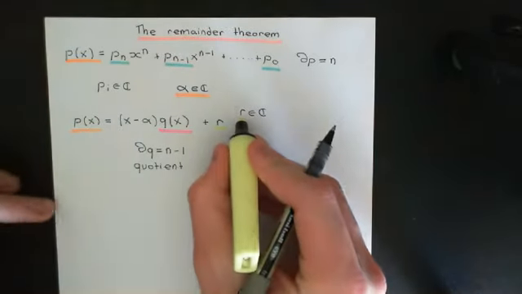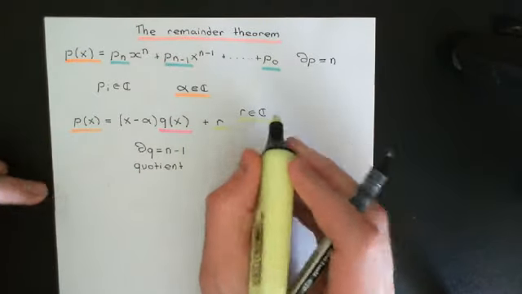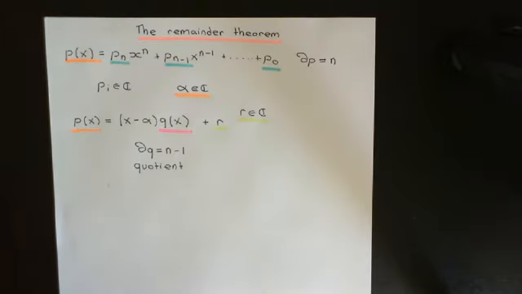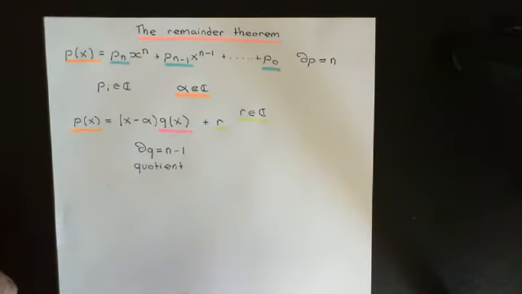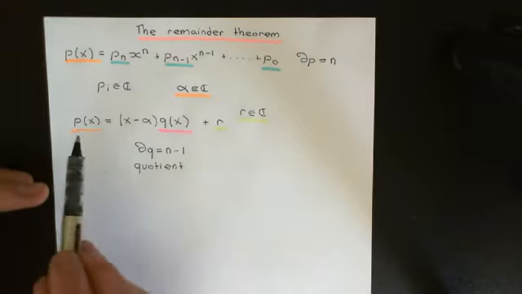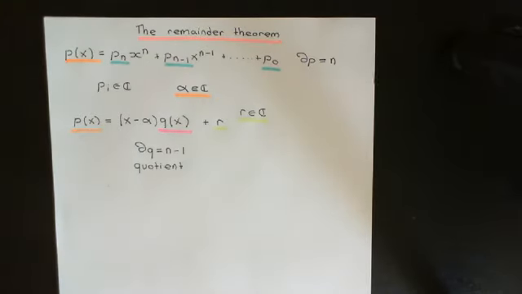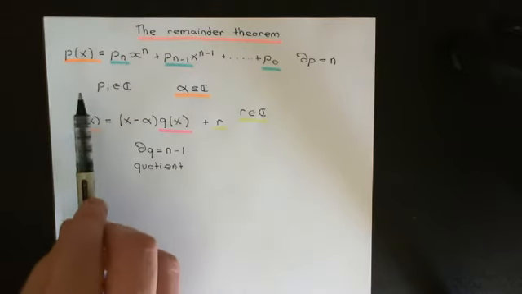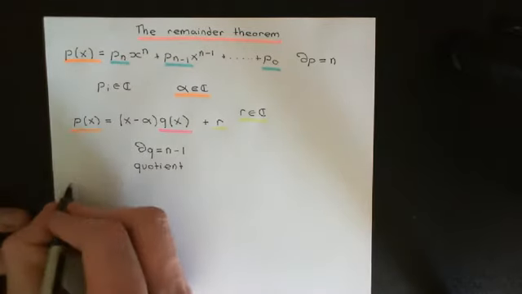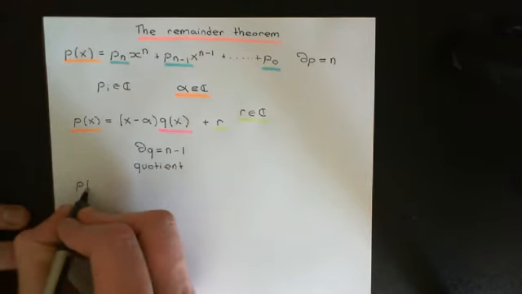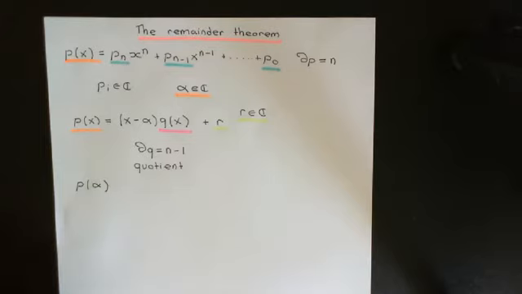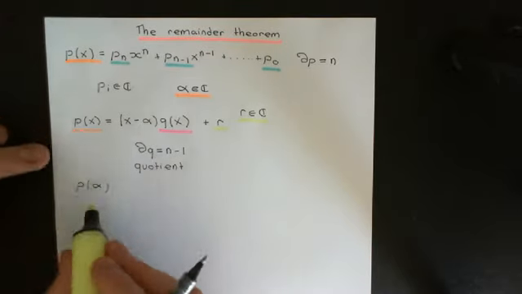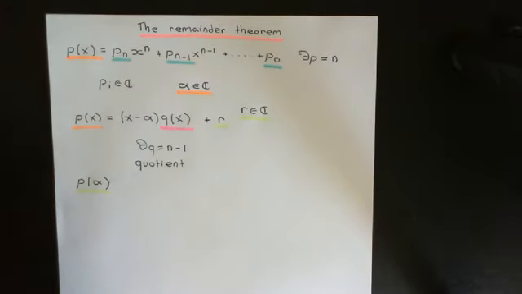Now I can actually get you a very explicit formula for what r is. If I substitute the complex number alpha into both sides of this equation, then on the left hand side I'll get the polynomial p evaluated at alpha.